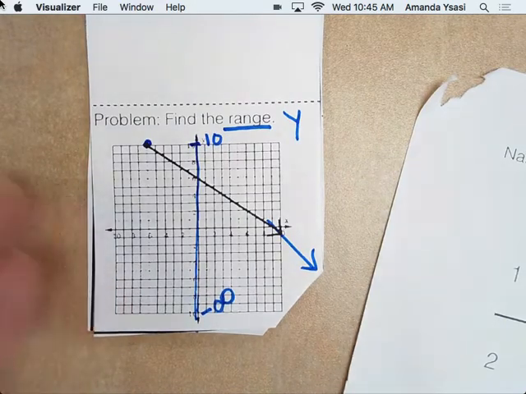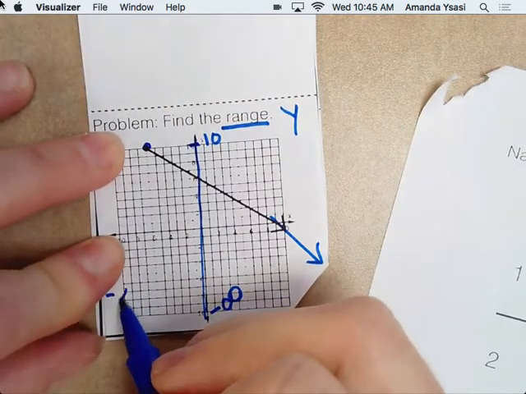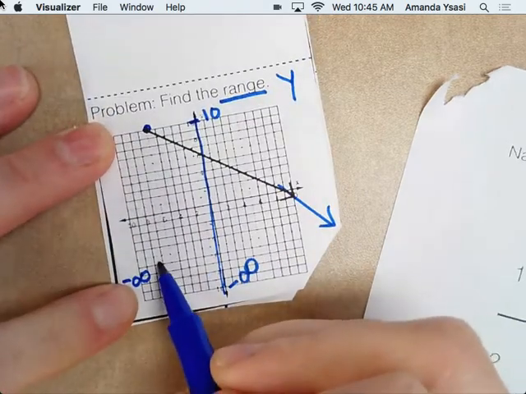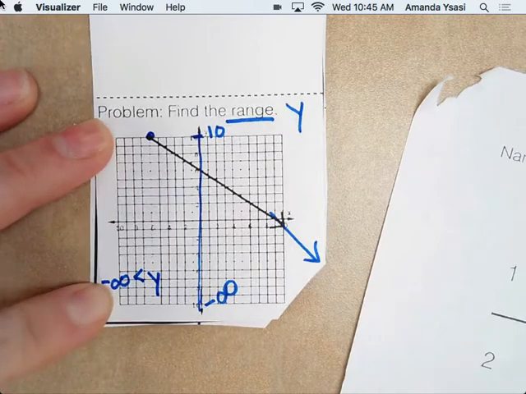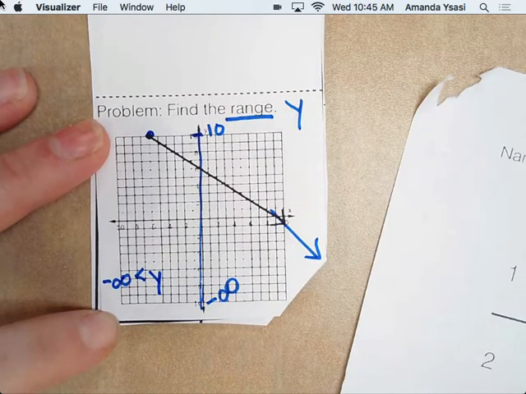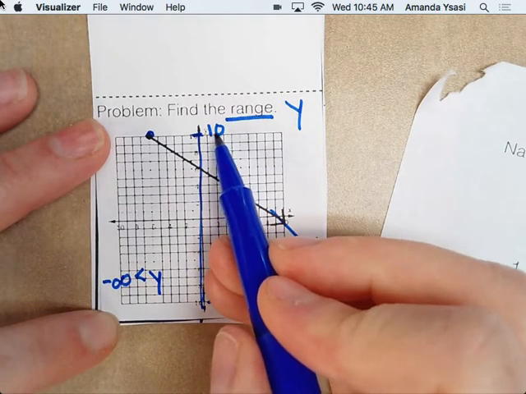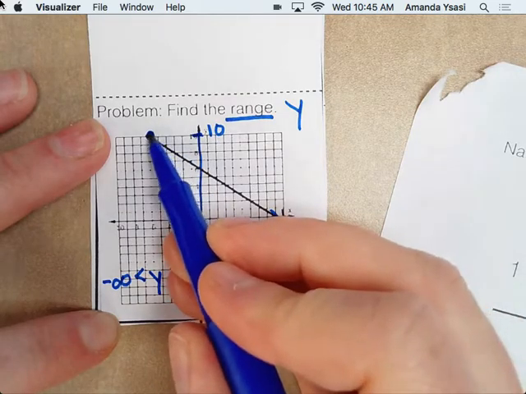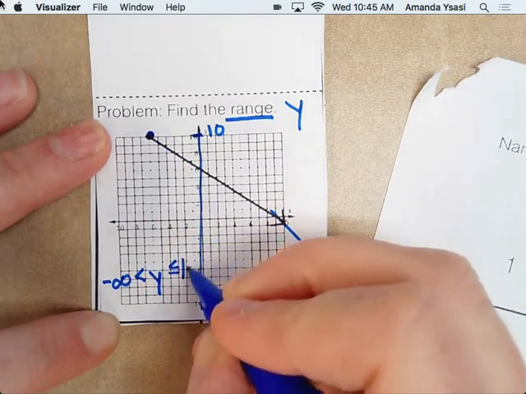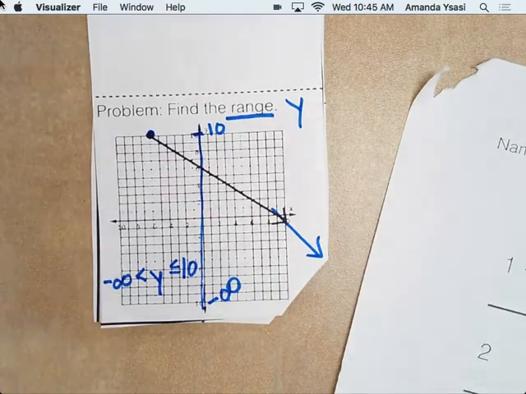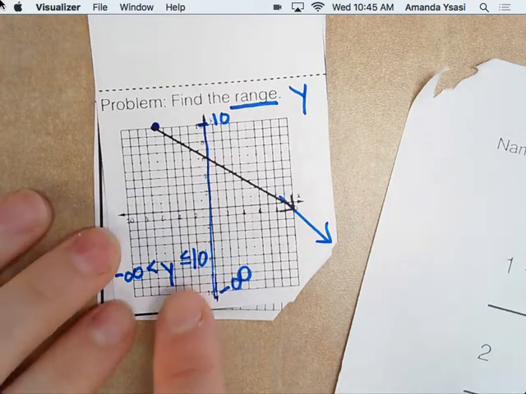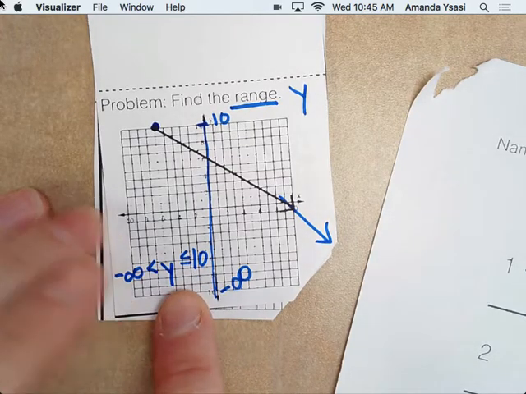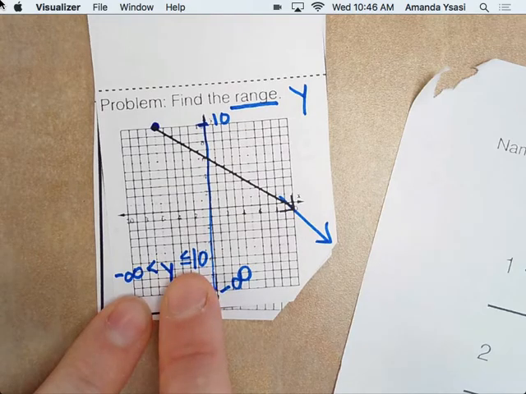So we list it from least to greatest. So -infinity is less than, the range is Y. And then for the 10, since that's a closed circle, we're going to do less than or equal to 10. So it goes from negative infinity to 10, which could really just be written as y is less than or equal to 10.